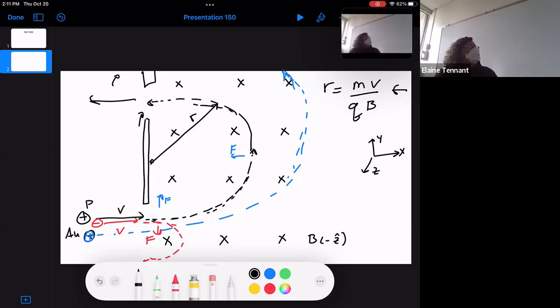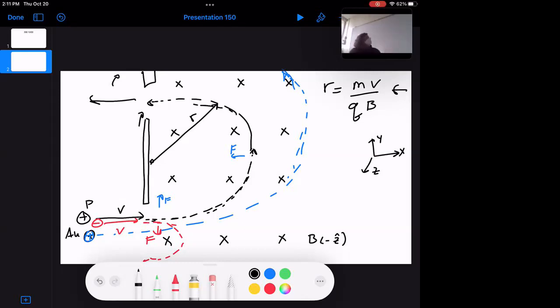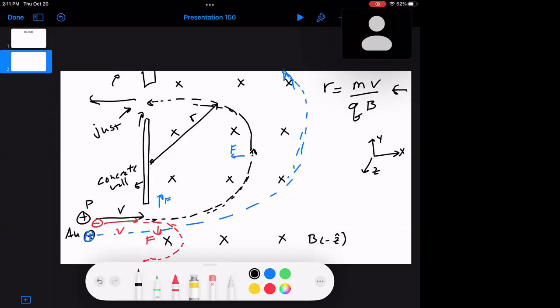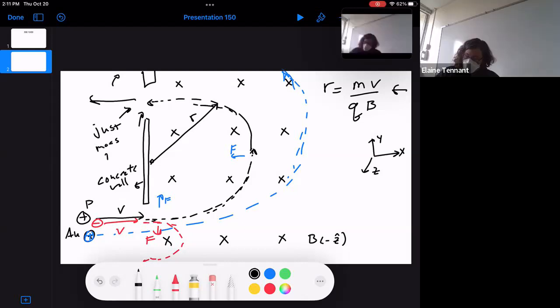And so if I wanted to make a beam of just protons, what I would do is start shooting charged particles into my magnetic field, and then I'd make a hefty concrete wall where I didn't want to see the particles, and I'd make a little hole in the wall just for things with the mass of a proton.